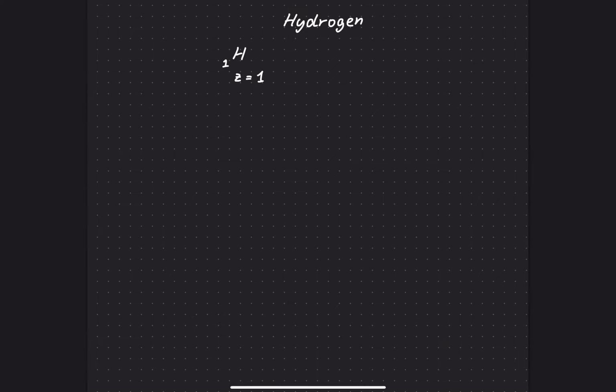The atomic number is the charge number of an atom nucleus, and the charge in the nucleus comes from the positively charged protons.